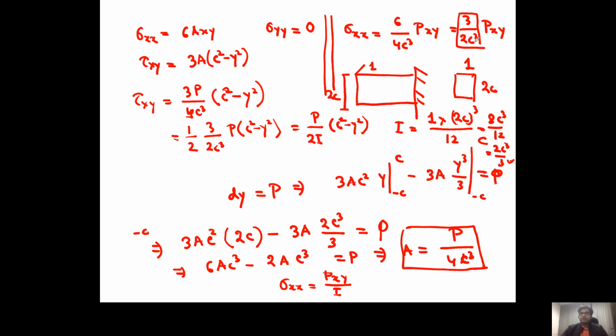So one was P by I xy and another is P by 2I (c square minus y square). So we have sigma xx to be P by I xy and tau xy is equal to P by 2I (c square minus y square), and then sigma yy is equal to 0.